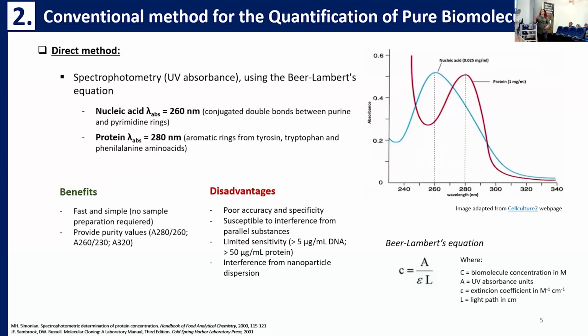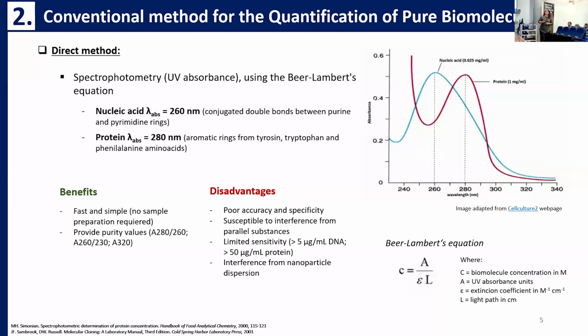This method is based on UV absorbance, and the concentration of our molecule can be calculated using the Beer-Lambert equation that correlates the concentration of this biomolecule with the absorbance units obtained, the extinction coefficient of the biomolecule, and also the light path of the spectrophotometric cuvette used for the analysis.